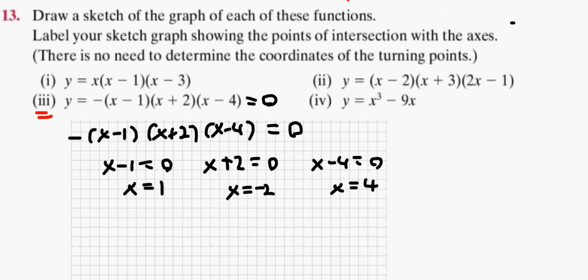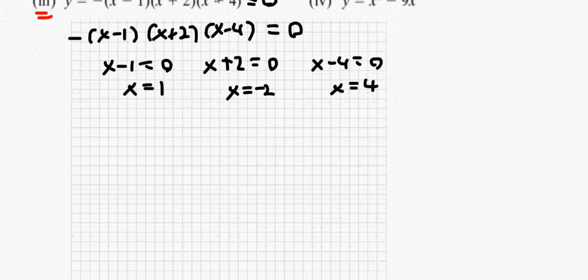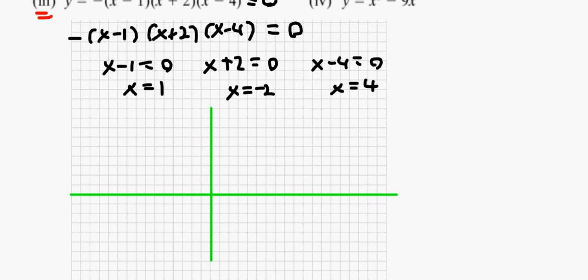Now currently I'm at a stage where if I was to draw this like so, okay, I have x equals 1 here, x equals minus 2 is there, and x equals 4 is here. That's the only 3 dots of information I have currently, isn't it? Now how do I get more information? What can I do now? X equals 0, thank you. And what happens when x is equal to 0?